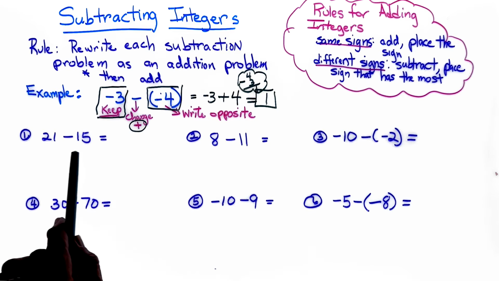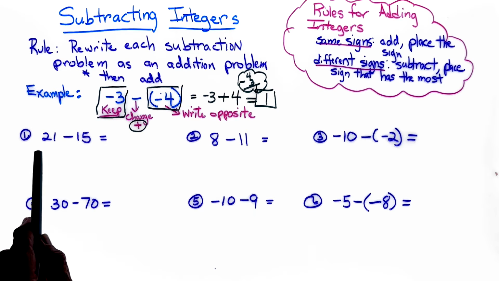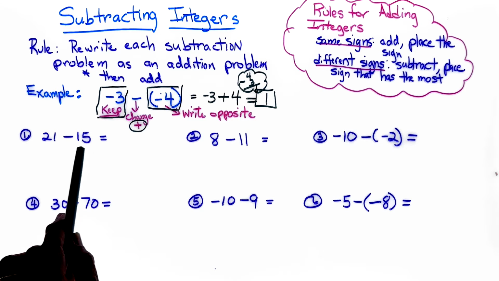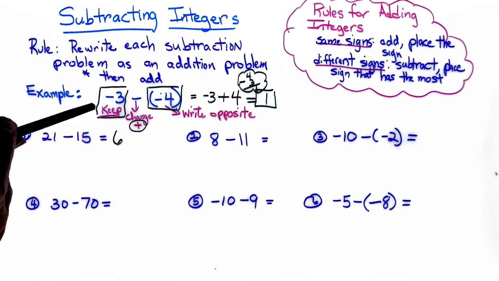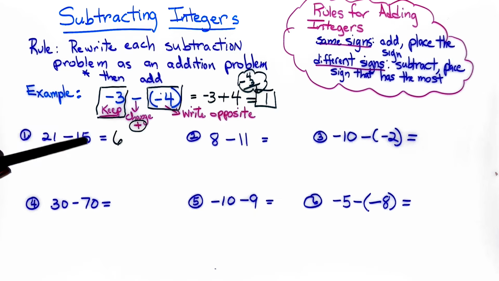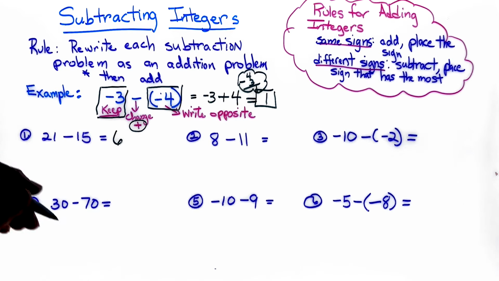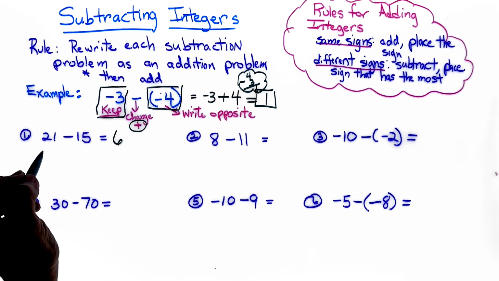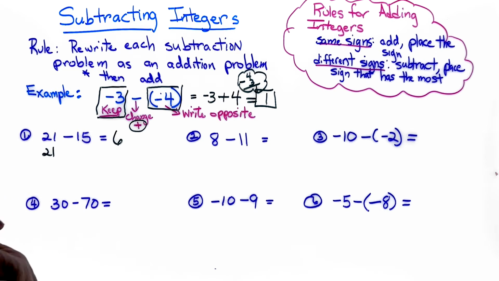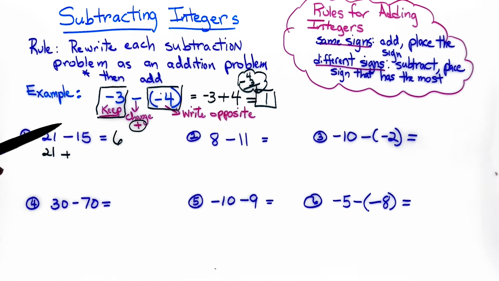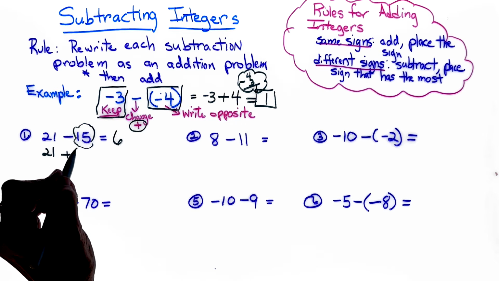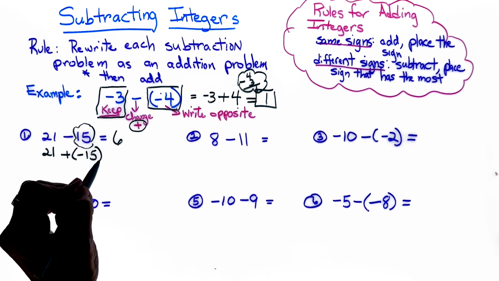So if I see a problem again that looks like first grade, I can just say 21 minus 15, and I know that answer is 6. But let's follow this procedure just to get that idea in our head, the order that we have to do things. So it's 21. I changed my subtraction sign to an addition sign. This is right here, it's a positive 15, so it's a negative 15.